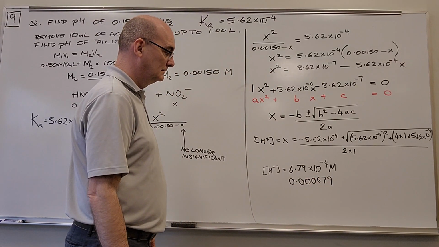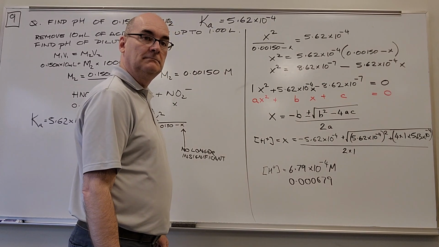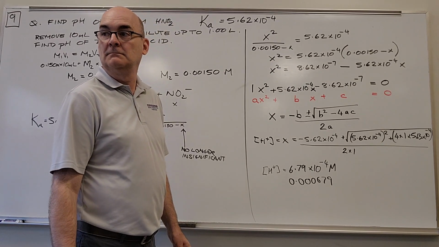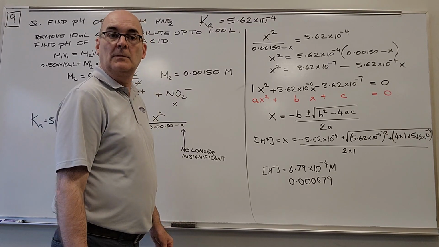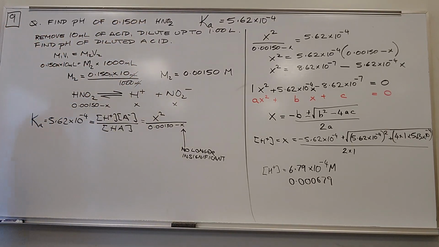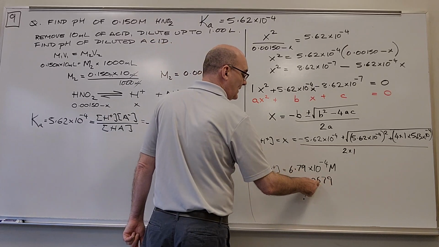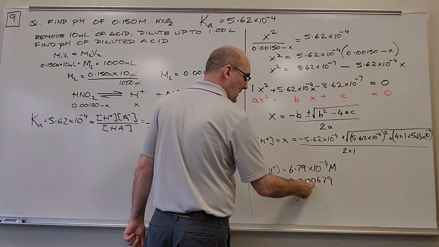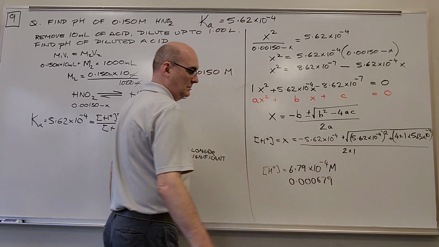So is it 1,000 times smaller? The quadratic, we got 6.79 times 10 to the negative 4. So would it be 1,000 times like that? You double that and you get kind of a 14 out of it, which would put it here, times 100.